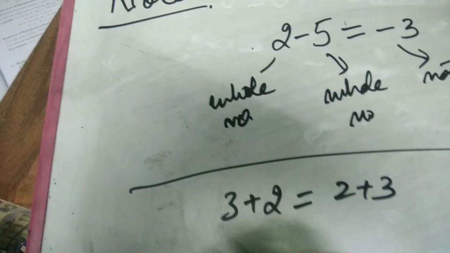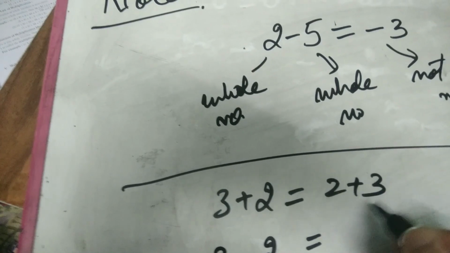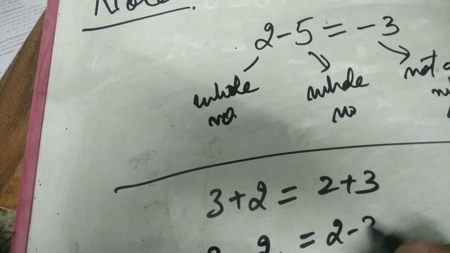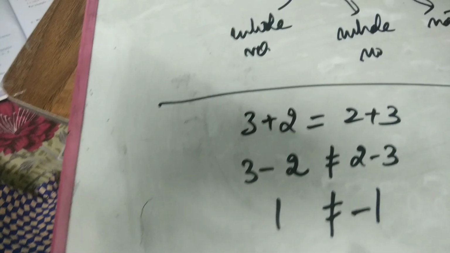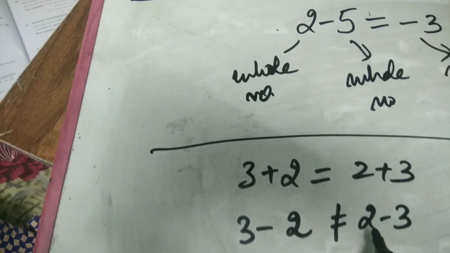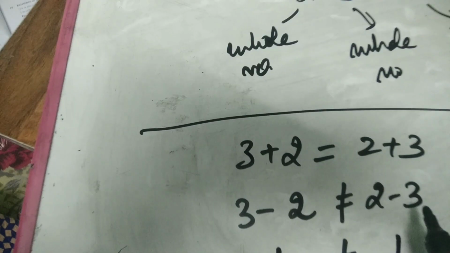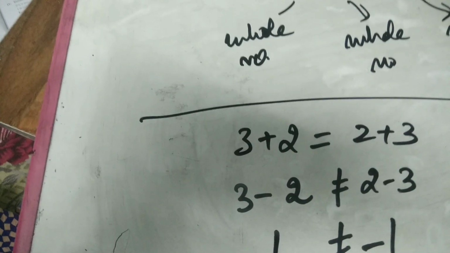Now let's see in subtraction. 3 minus 2 is 1. Now if I change the order, 2 minus 3, it's not equal. What we are getting here is minus 1. So that's why we say that the difference of 2 whole numbers is not necessarily a whole number. You can see here it's not a whole number.